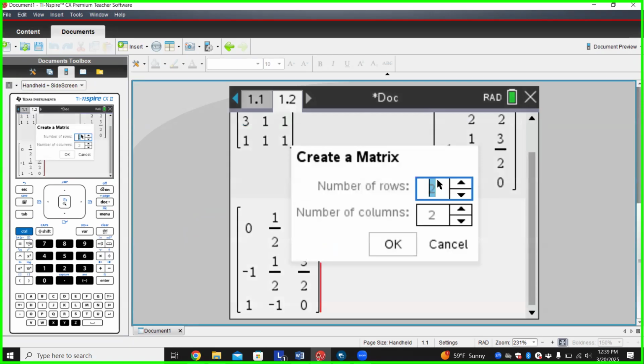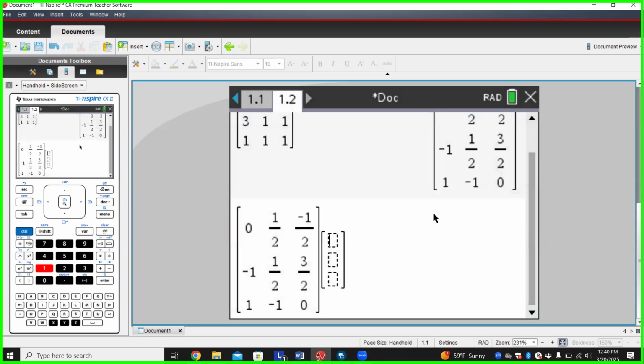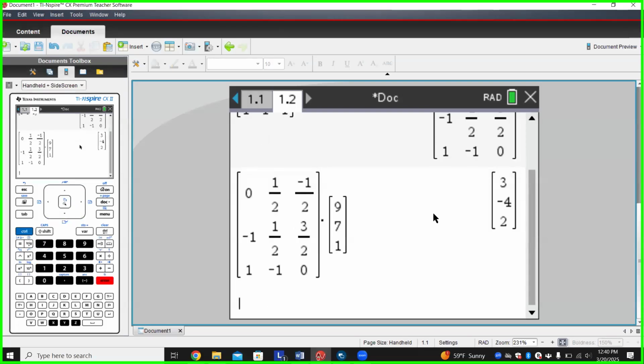I'm now going to put in part B, which is a 3x1 matrix: 9, 7, 1. And there's your answer, a 3x1. So your answer in this situation would be 3, -4, 2.